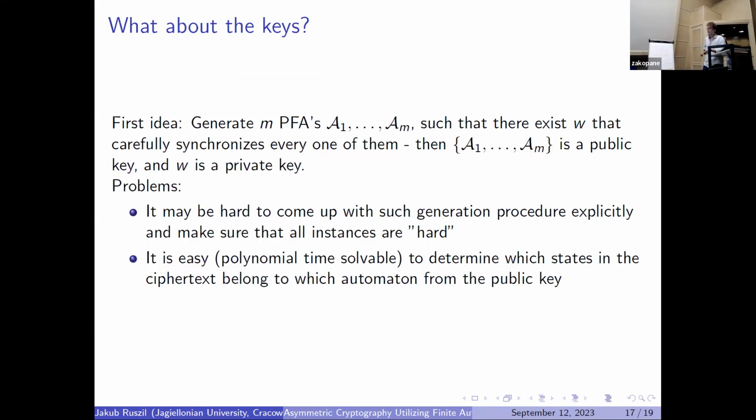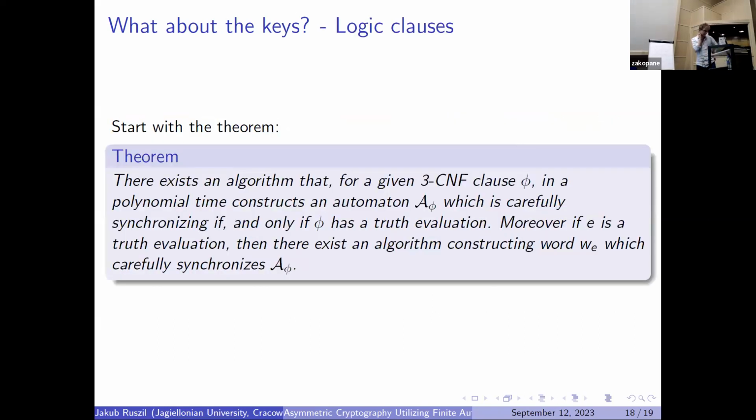And the second problem is actually less important right now, since we know that it may be hard to come up with some generation procedure. But that doesn't mean that everything is lost, because recently I managed to prove that deciding whether some proper subclass of PFAs is carefully synchronizing is NP-hard, and the reduction that I used was, maybe not so simple, I don't know, but was a classic reduction from a pre-CNF problem.